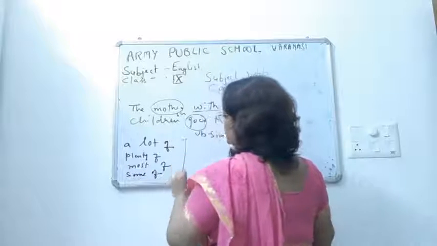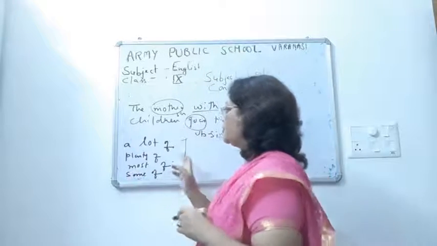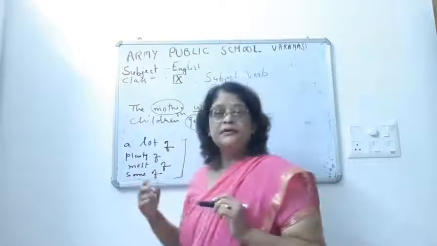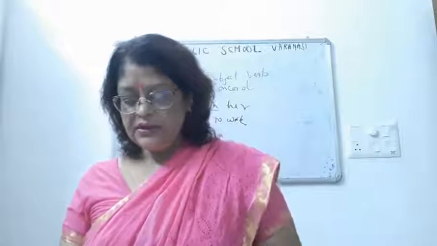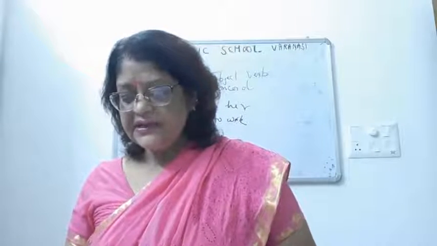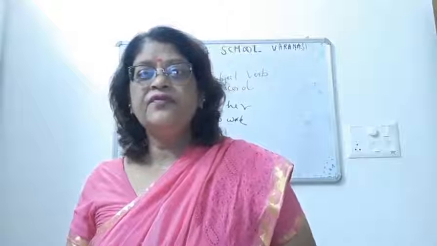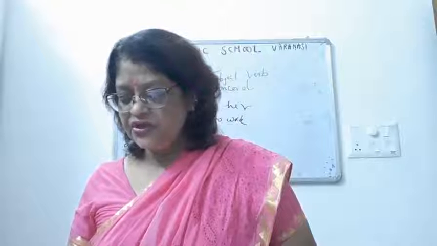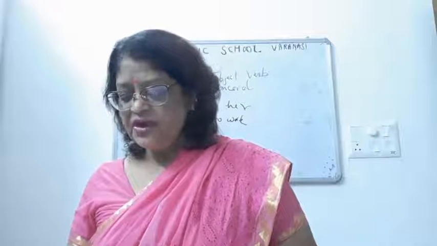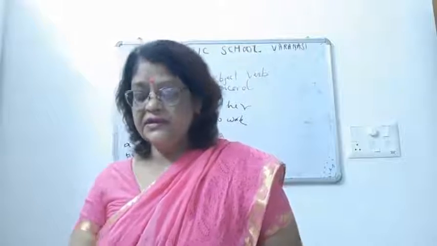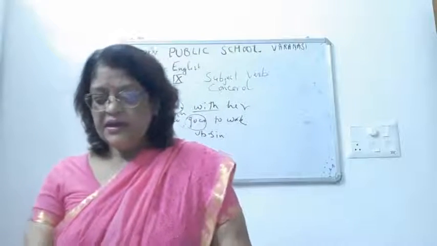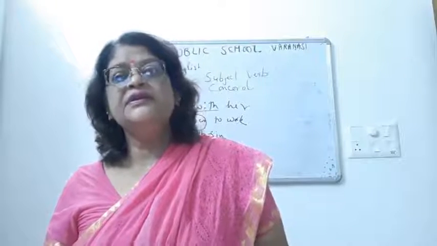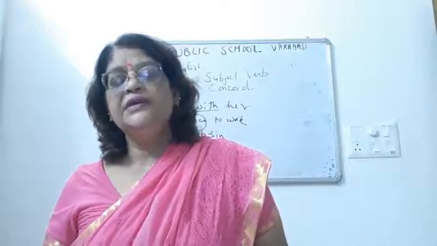So you can see these phrases: a lot of, plenty of, most of, some of. These phrases are used as singular when they refer to the amount or quantity, but they take a plural verb when they refer to number.